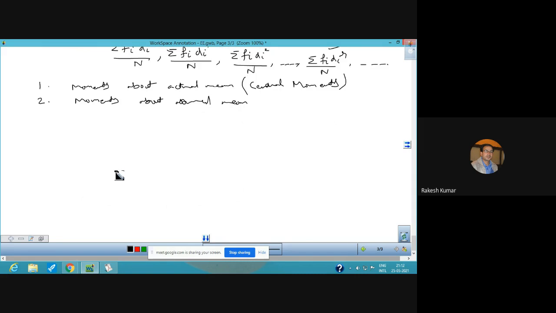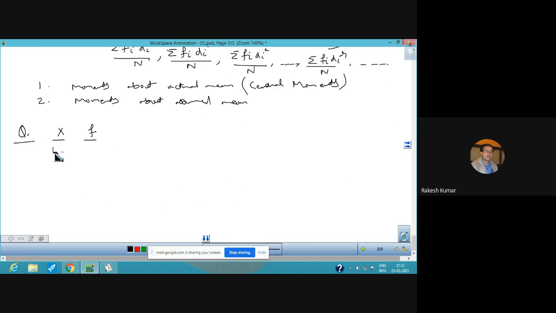So let us compute these with the help of a question. We have x values with the frequency distribution.